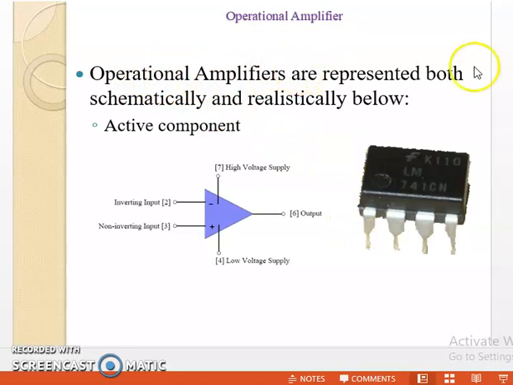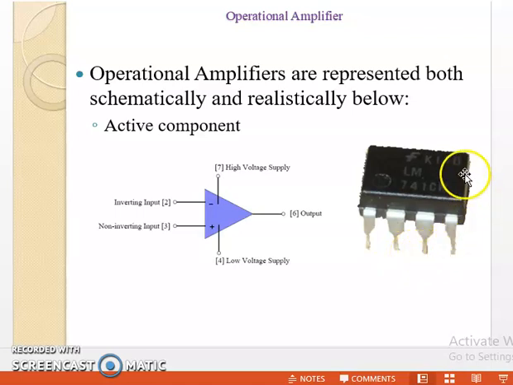Operational amplifiers are represented both schematically and realistically as below. This is the schematic symbol and this is the realistic symbol. This is an integrated circuit having 1, 2, 3, 4, 5, 6, 7, 8 pins. Among these, pin number 2 and pin number 3 are the inputs.